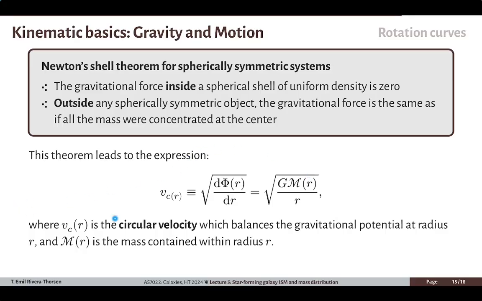This circular velocity is defined as the velocity at which the gravitational force at the radius r is exactly balanced by the circular motion, such that this velocity will be perfectly tangential, therefore circular, to the radius vector, and that this will lead to a perfect circular stable orbit around the center of mass of this system.